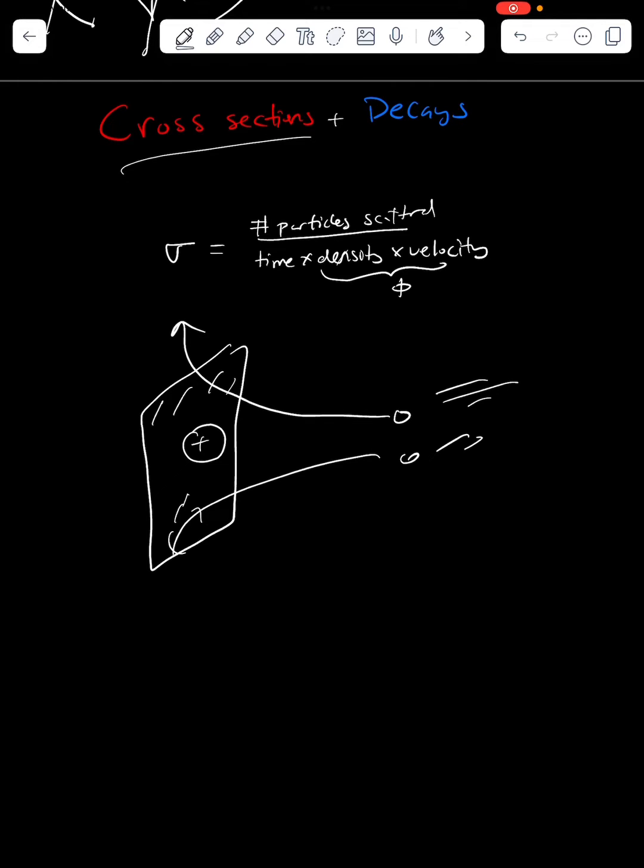And in that sense, the larger the cross-sectional area, it means that more particles are scattering off the central target. But in quantum field theory, although cross-sections have units of area, I don't think they actually correspond to physical area.